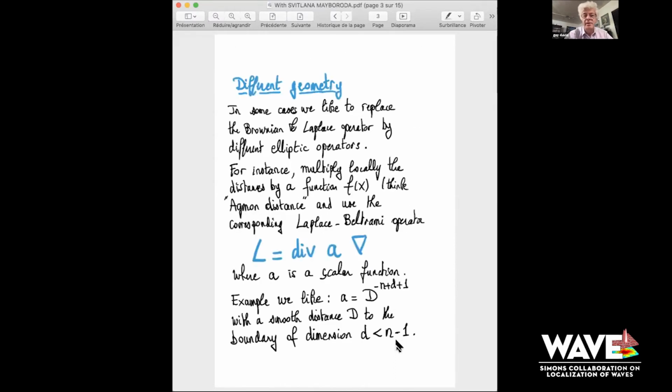One last thing. This is what happened also when we tried to look at different boundaries, in particular boundaries which have lower dimensions, so very, very small boundaries. A simple example would be a domain in R3 where the boundary is a curve: you have everything except for a curve. For those things, the good operators that are supposed to replace the Laplacian are the operators L written in blue.